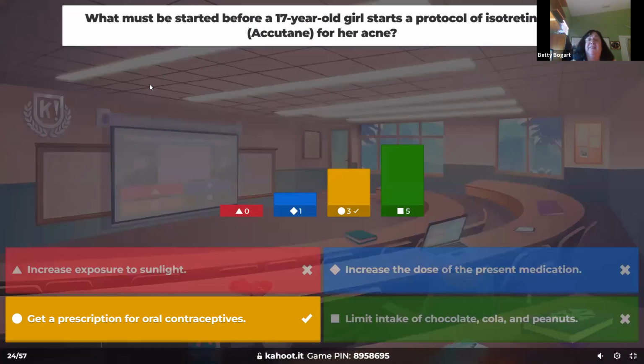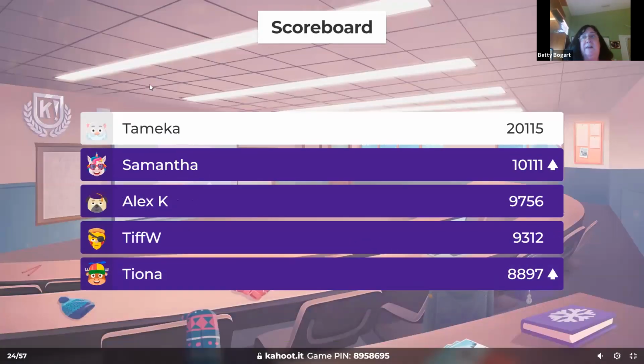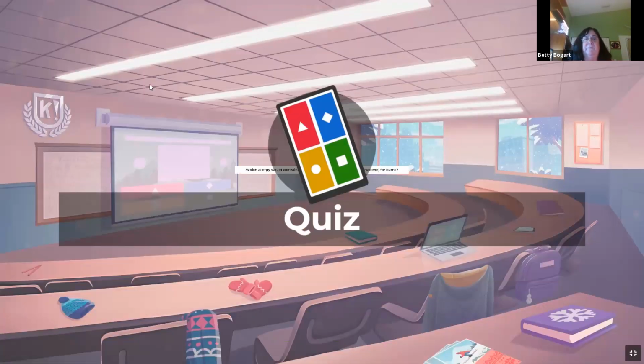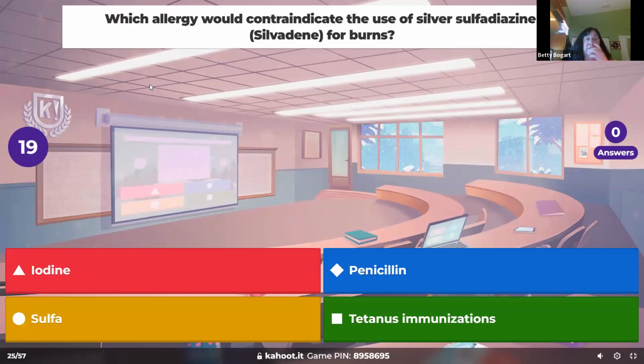And they have to sign a contract that says that they will not get pregnant during this and that they will be taking the oral contraceptives because it causes really bad birth defects, okay? This is a big thing for your adolescent. No sex, they have to be on oral contraceptives because of those birth defects, and they're quite severe defects. What allergy would contraindicate the use of Silvadene for burns?